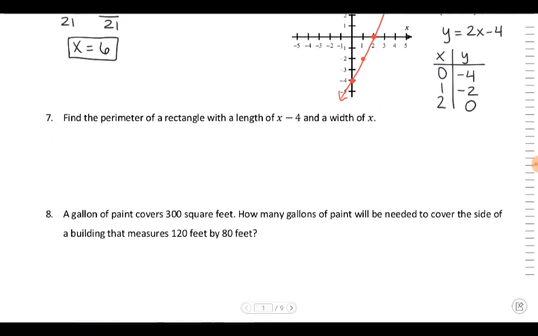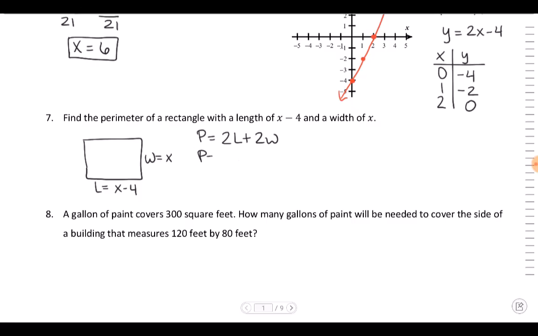Okay, let's look at number 7. Find the perimeter of a rectangle with a length of x minus 4 and a width of x. So I'm going to write a rectangle here, and it says that the length L is x minus 4 and the width is x. So we know that the perimeter of a rectangle means you have 2 lengths plus 2 widths.